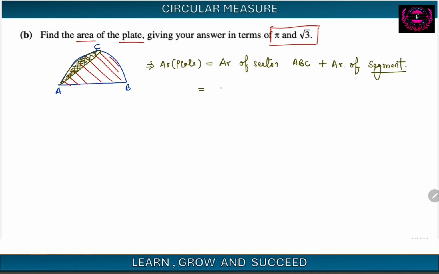Now area of sector ABC is half r square theta. Half, radius is again 6 centimeter. So half r square theta, theta is again pi by 3.